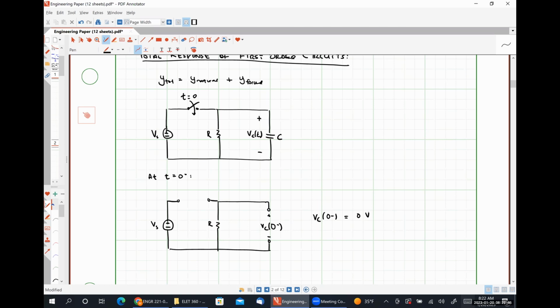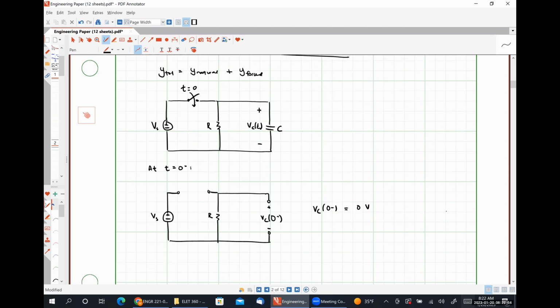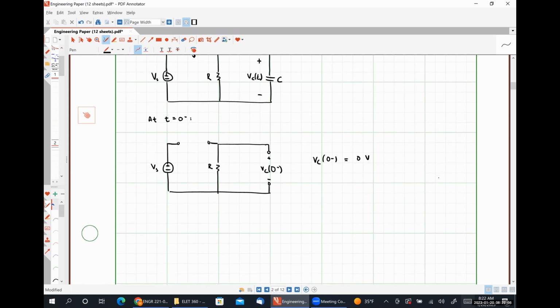So if there's no current flowing through the resistor, there's no voltage drop over the resistor. And if there's no voltage drop over the resistor, there can't be a voltage drop over the capacitor for this circuit. All right. Let's look at t equals 0 plus. Actually, we don't even need to look at t equals 0 plus, right?